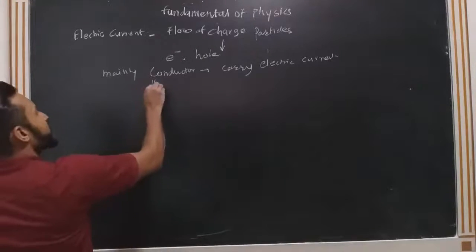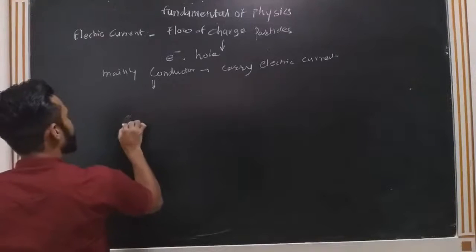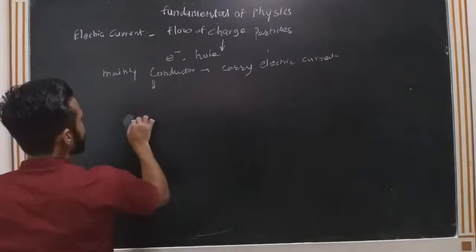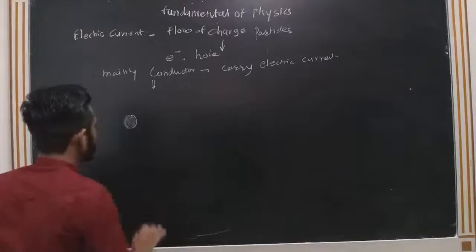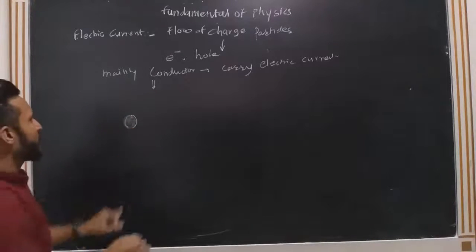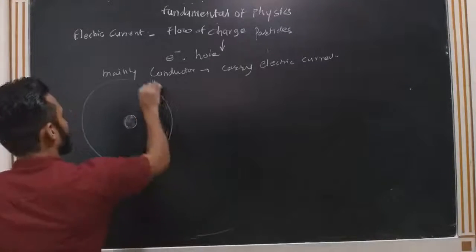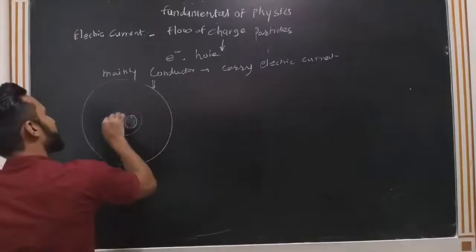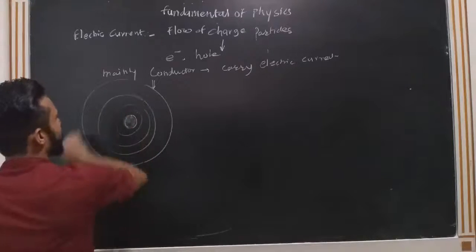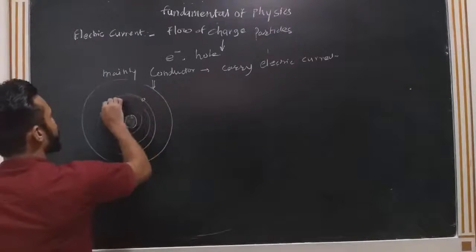Let's come to the atomic structure first. We know that the nucleus, which is a positively charged particle, is at the center of an atomic structure. This is an atom and these are the shells of the atom having a number of electrons.